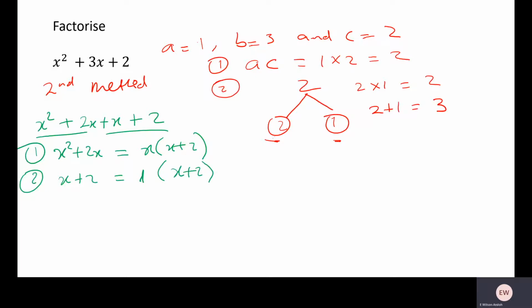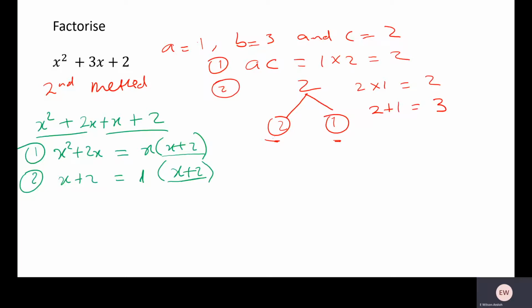Now, if you do your factorization right, what you have in the bracket should be the same. And you can see that what we have here is the same as this one. If what you have in both brackets are not the same, then your factorization is wrong.